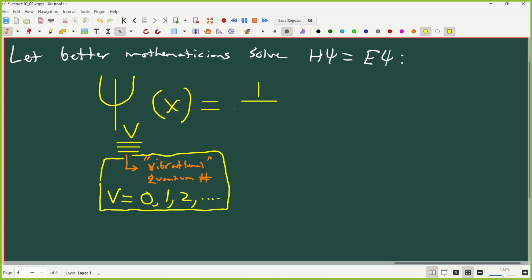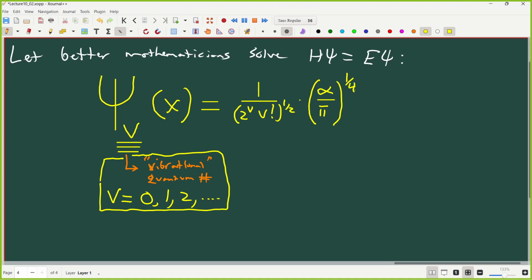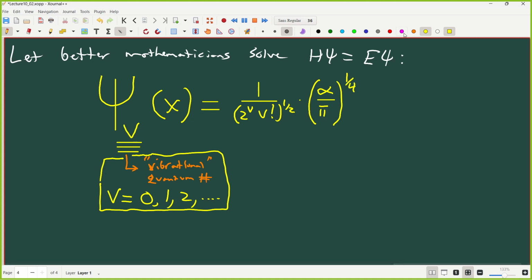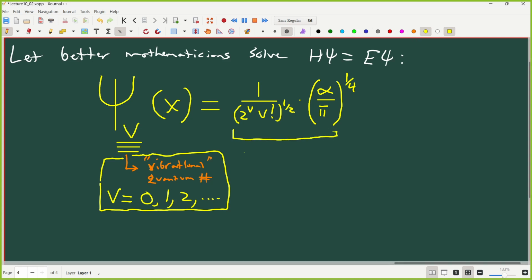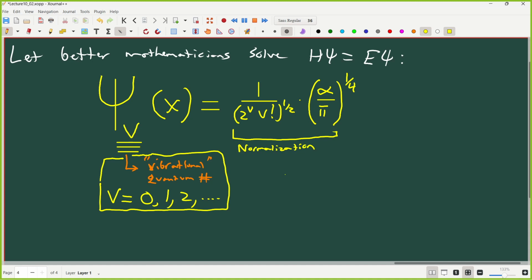It's 1 over the square root of 2 to the v factorial, and I'll remind you what that is in a second, times another number alpha, I'll write what alpha is in a second, over pi to the 1/4 power. Okay. And so this is the normalization constant. It's just a number. And I'll define everything in a second.